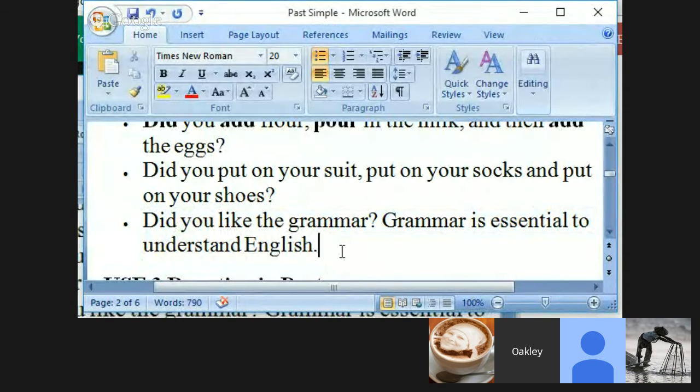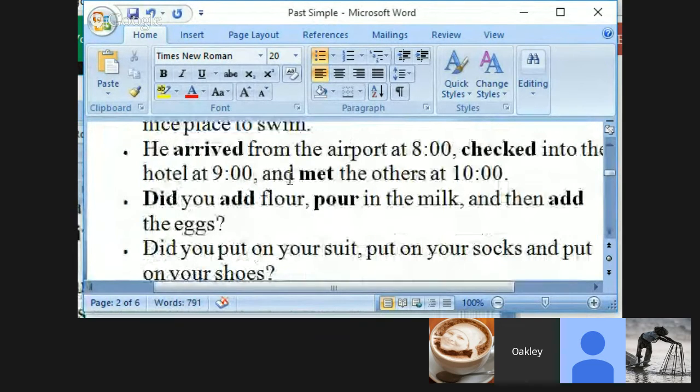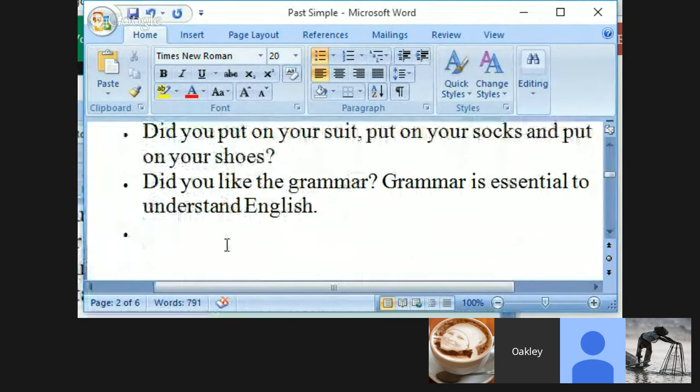Trying to have you give me an example like this: I finished work, walked to the beach, and found a nice place to swim. Or I did this, I did that, and then I did this. Like that. Did you finish your work yesterday at 8 o'clock, for example?